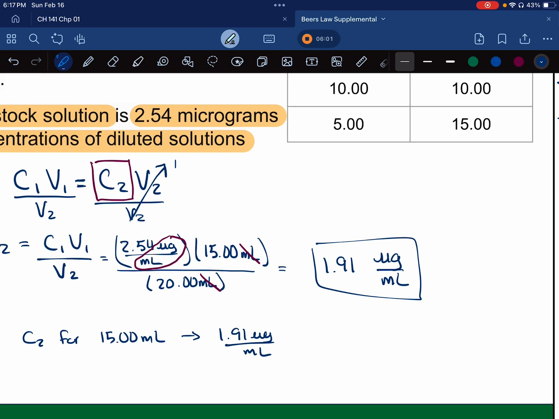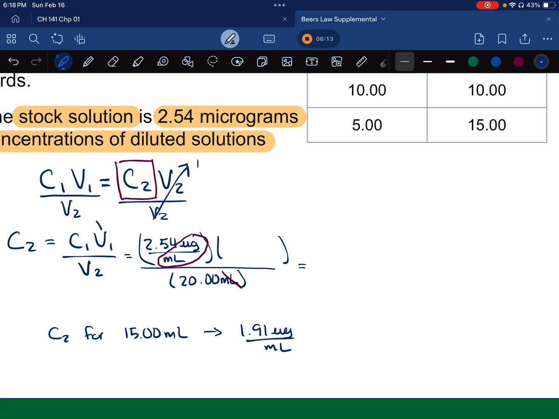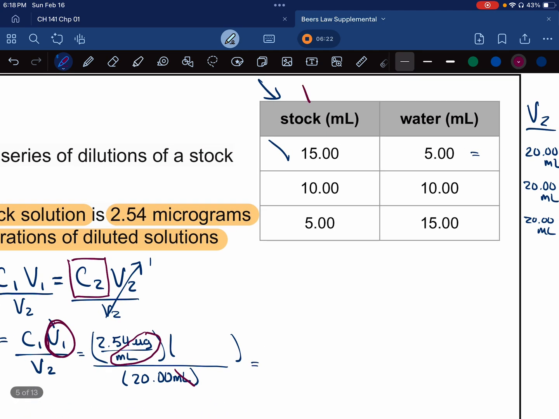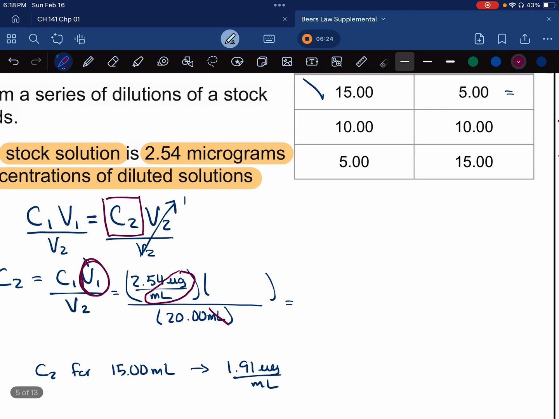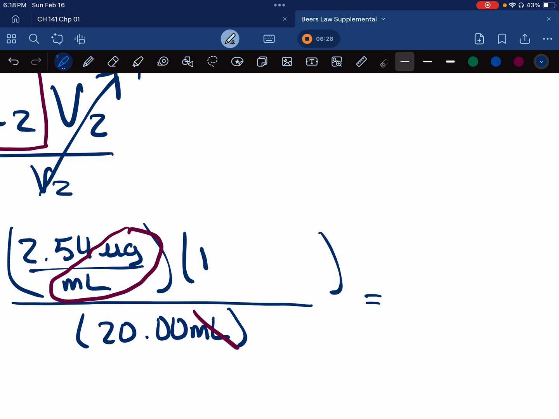Now to solve for the other 2 concentrations, we don't have to change anything. We're just going to change our V1 from the table. V1 right here is the only thing that we have to change that's going to come from the table right here. So now for the second dilution, we're going to put in 10 milliliters.